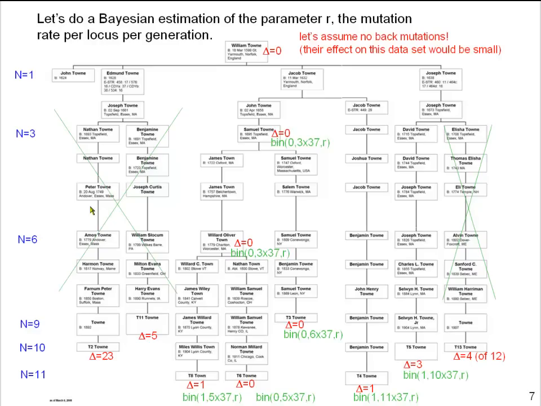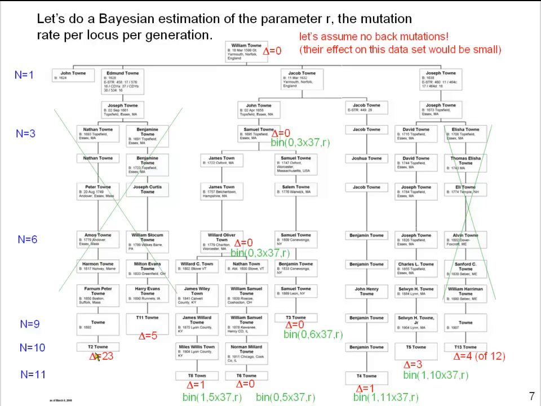Now you'll notice I crossed off some of the data. That's because here I'm interested in measuring the parameter R, the mutation rate per generation. And if the data is suspicious, if there's something else going on, like maybe the ancestry is wrong, then for now I'm going to delete that data. That's a little bit of a dicey procedure, and we're actually going to come back and learn some interesting statistics from that.